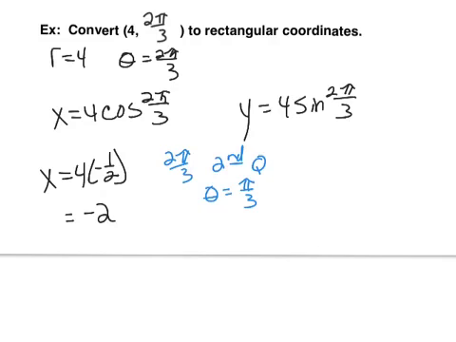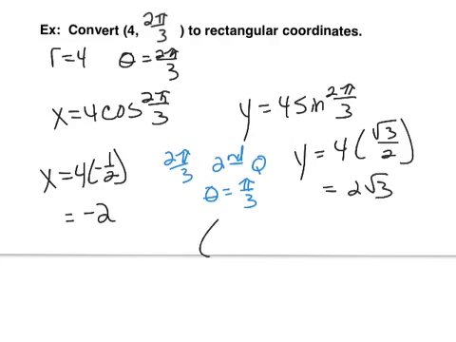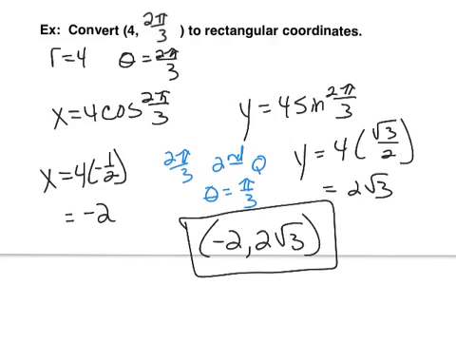And then my y value, y is positive in the second quadrant. That's going to be 4 times positive radical 3 over 2. So that's going to be 2 radical 3. So my coordinate is negative 2, 2 radical 3. That converts a polar coordinate to a rectangular.